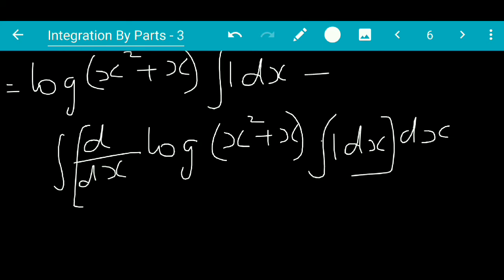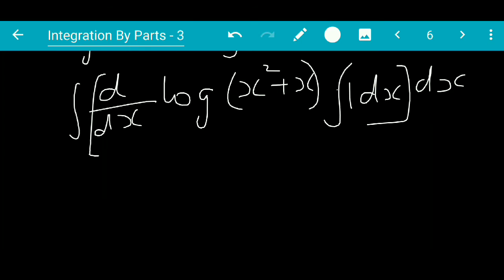Upon having written this, we find the integral of 1 first. The integral of 1 is x, so we write x over here in the beginning. So x into log (x square plus x).